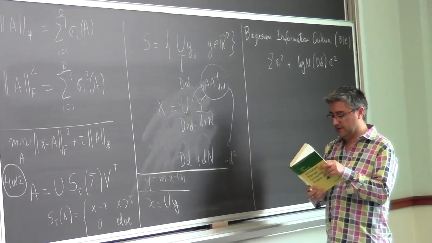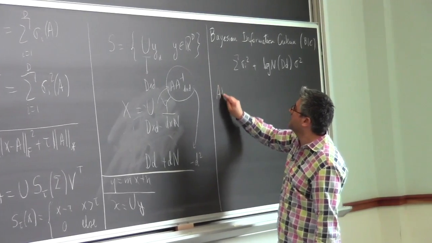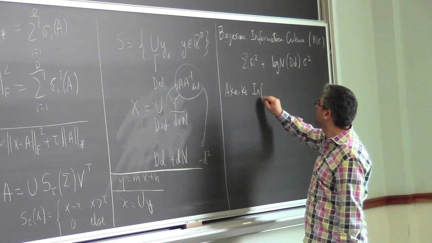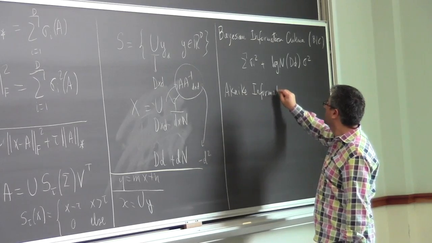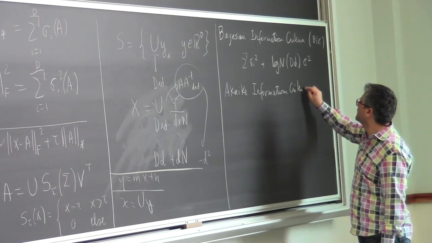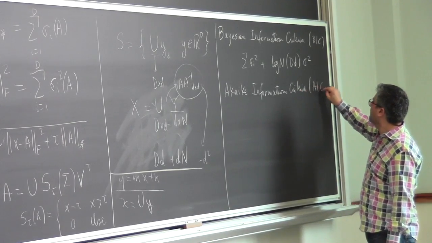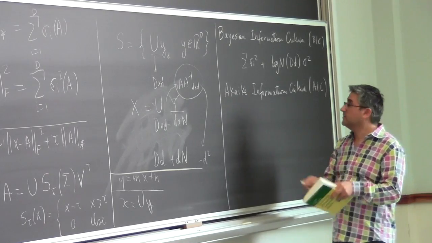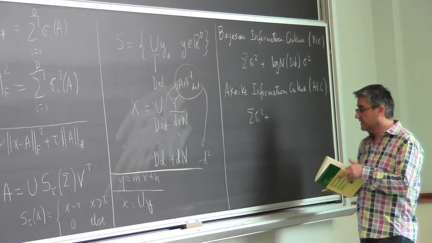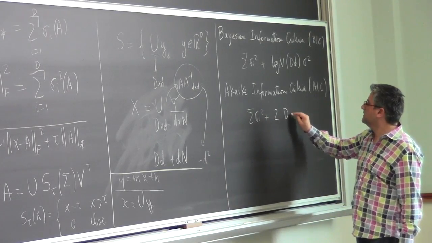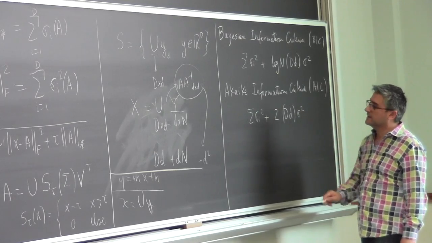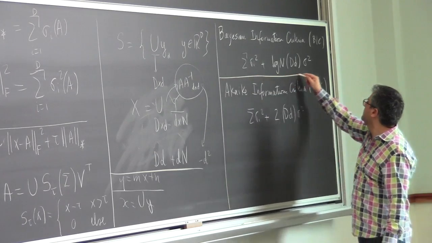Then there is the Akaike, the sum of the sigma i squares plus times d sigma squared. That's the second one.